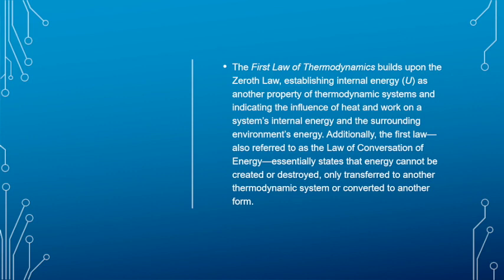The second law is the first law of thermodynamics, which builds upon the zeroth law, establishing internal energy as another property of a thermodynamic system and indicating the influence of heat and work on a system's internal energy and the surrounding environment's energy. Traditionally, the first law, also referred to as the law of conservation of energy, essentially states that energy cannot be created or destroyed, only transferred to another thermodynamic system or converted to another form.